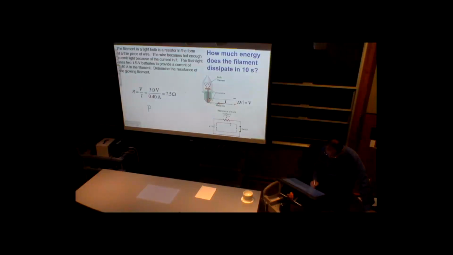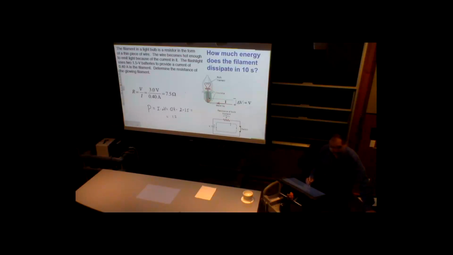So the fastest is just electric current is 0.4, and as we know, we have 2 batteries, so that's going to be the power 1.2.